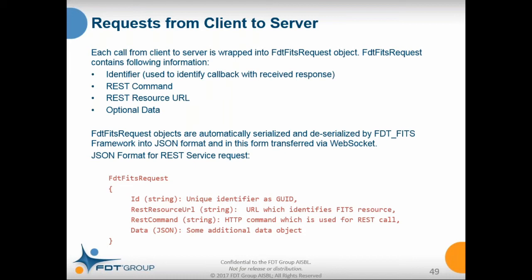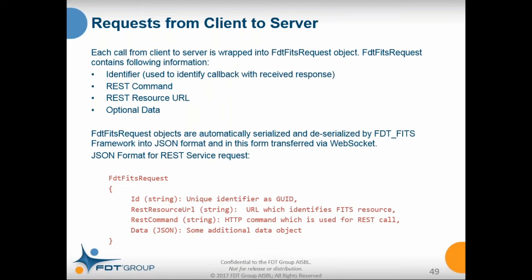Now we look at how this actually looks in terms of the services, how they are implemented. So how does a request from the client to the server look? Each call from the client to the server is wrapped into an FDT FITS request object. This is a defined object that can then be automatically translated also to a .NET object.